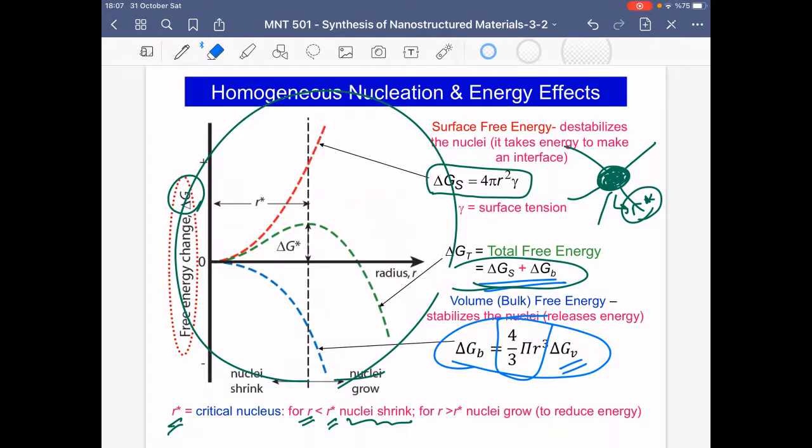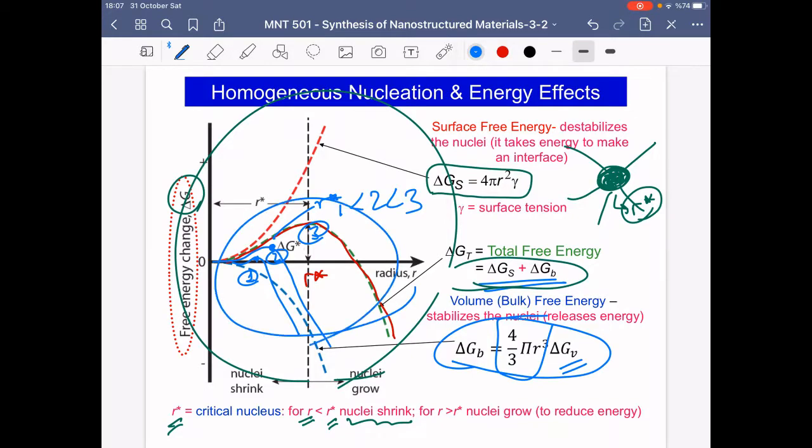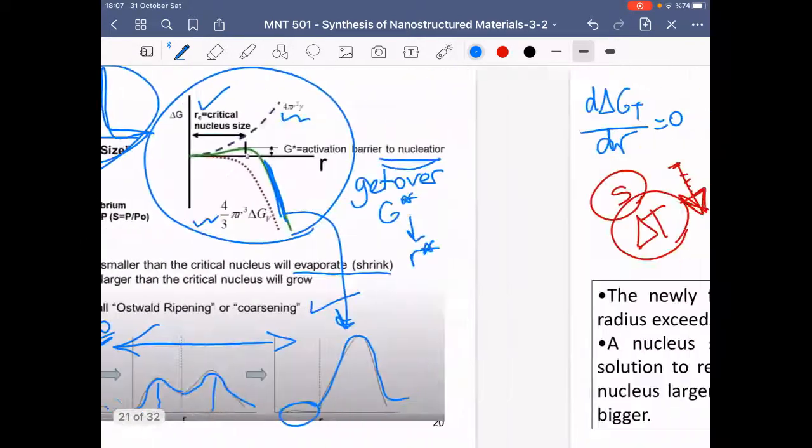What I want is a lower R star, and for that, if this is my curve right now, if I had a curve that looked like this or this, then I would get smaller R stars, right? R stars 1, 2, 3, 1 less than 2, less than 3. So I have to be able to manipulate this graph.